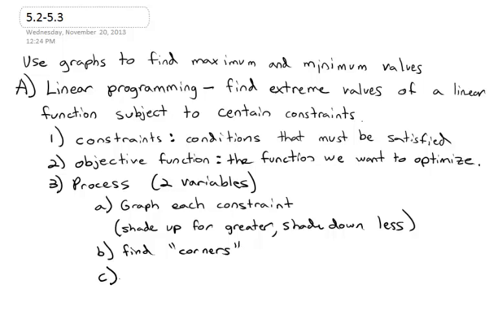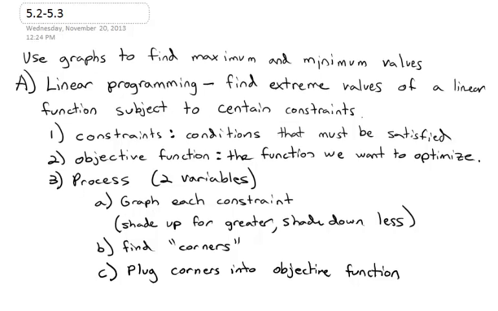We're not sure which, so we're going to plug the corners into the objective function and find out which one of those corners is going to give us the best value.